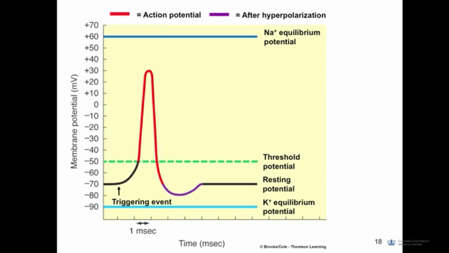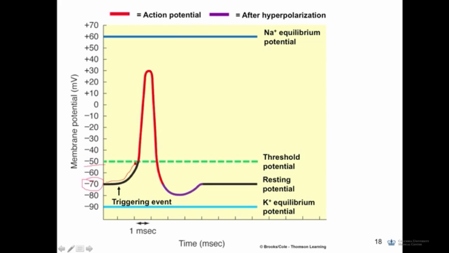Okay, so the different components of the action potential. We are starting off at our resting value of minus 70, and some trigger event is happening that's causing the cell to depolarize. Then that depolarization reaches some critical threshold, which in this slide is drawn as minus 50.